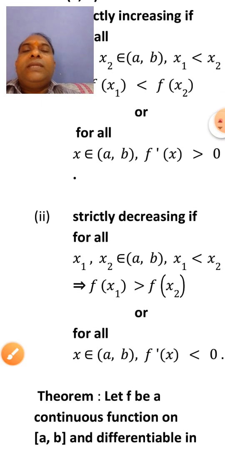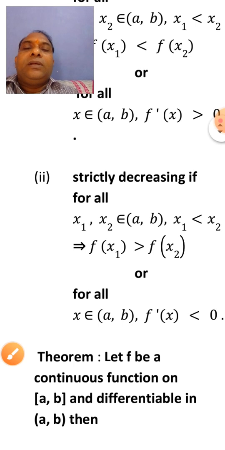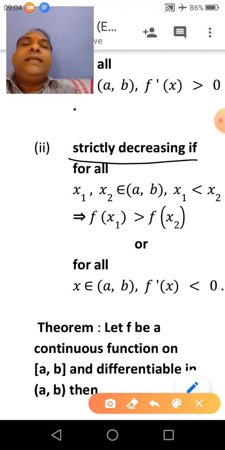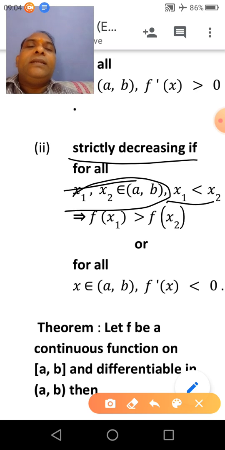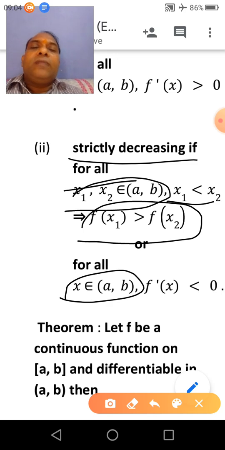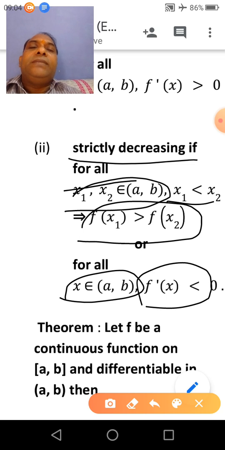Now strictly decreasing function. The function will be strictly decreasing if x1, x2 belong to the open interval AB, x1 is less than x2 gives f(x1) is greater than f(x2), then the function will be strictly decreasing in this interval. Or if x belongs to the open interval AB and f dash x is less than 0, then the function will be strictly decreasing.